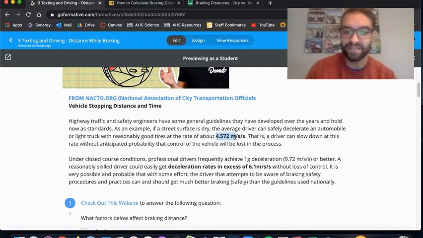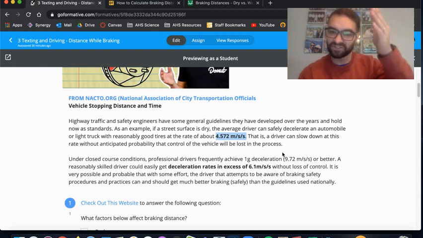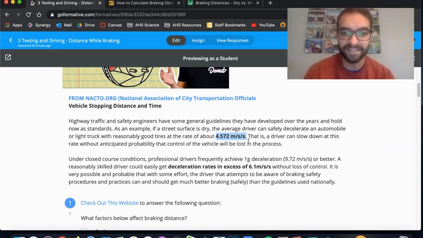When they're thinking about making rules and policies and speed limits, when they think about the timing of a stoplight, they are considering you braking at this deceleration rate. But they recognize that a lot of vehicles these days, or if you're a skilled driver and alert and so forth, can decelerate at a better rate.